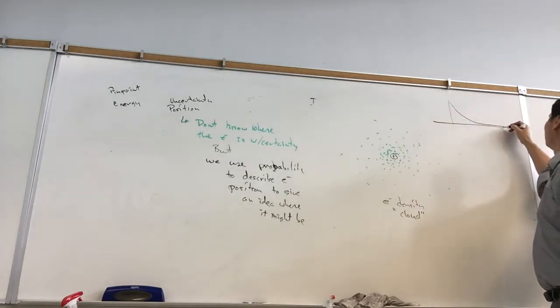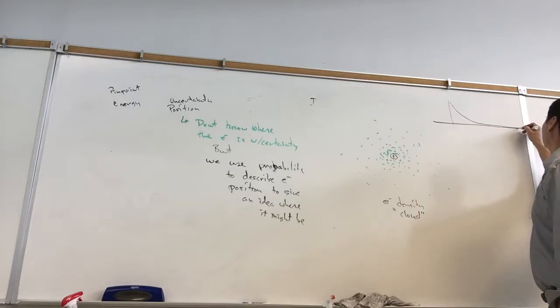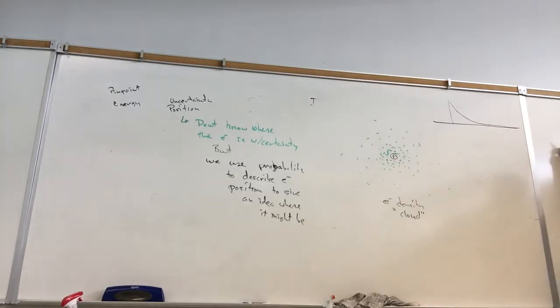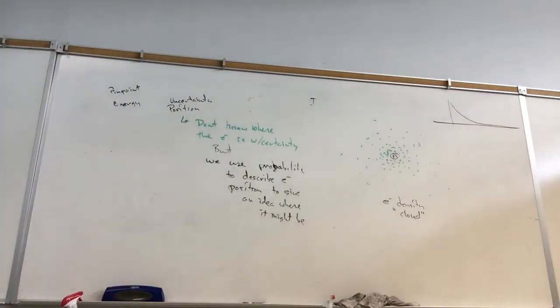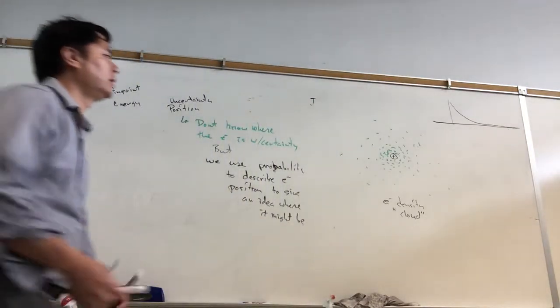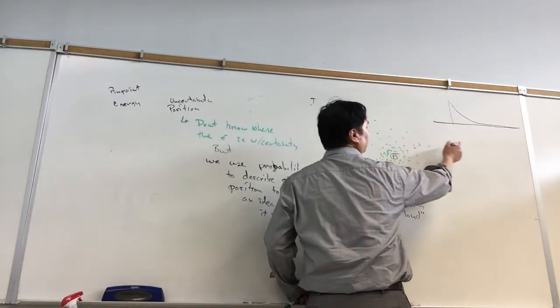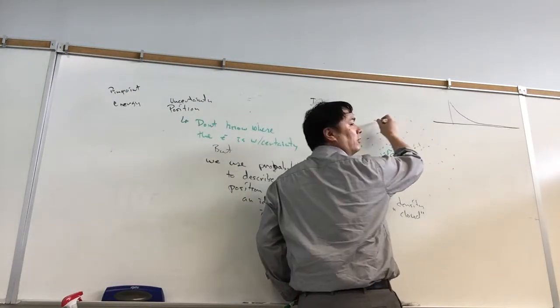And as you get further and further away, it'll hit 0. I mean, there is a small probability it could be way out there, because how can you predict? The bird might actually fly pretty far from the nest. But the probability is low. All right, now if it's higher in energy, then the probability is probably going to be farther away from the nest. So higher energy could go quite a bit farther out.